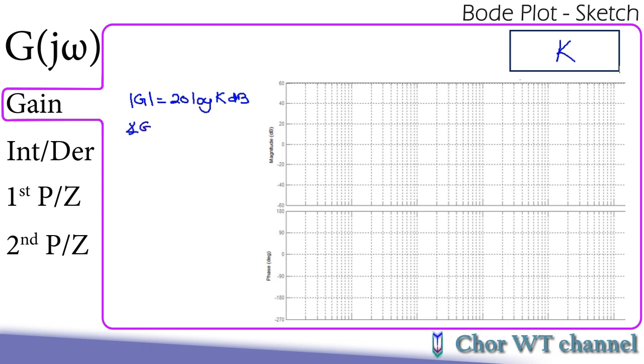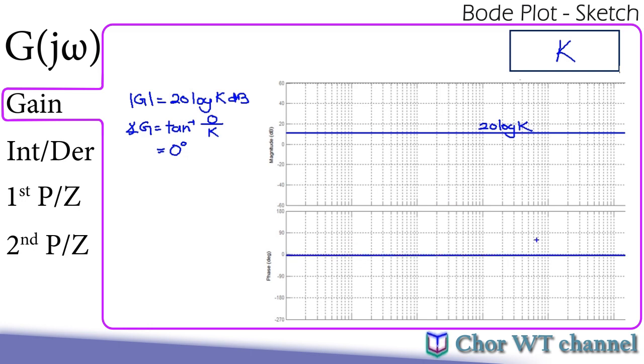The phase of g will be the inverse tangent, and since k is always real, it will be 0 divided by k, so we have 0 degrees. In the sketch, our magnitude plot will be just one straight line across all frequencies with a value of 20 log k, while the phase will always be 0 degrees. And that's all for the simple gain k.